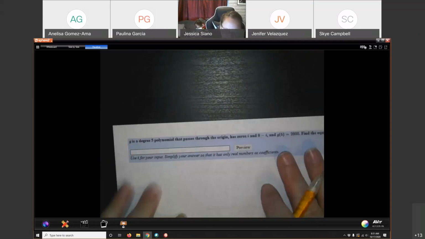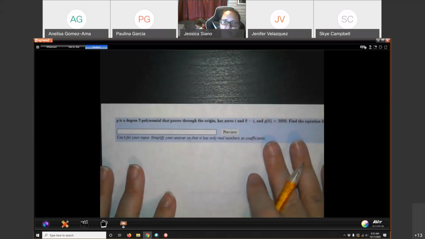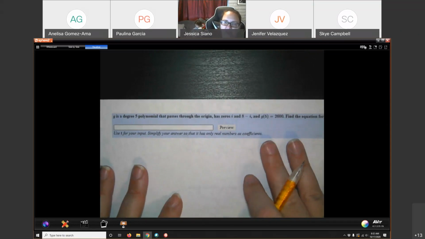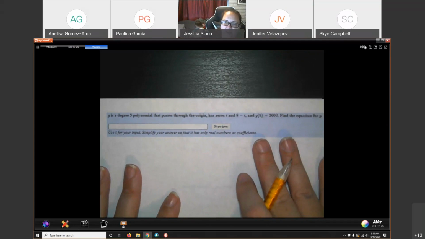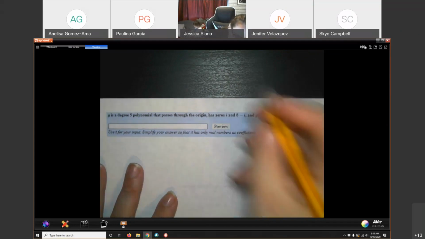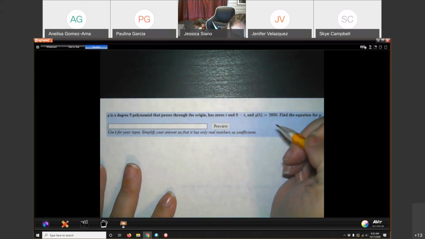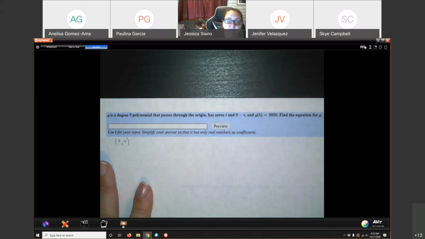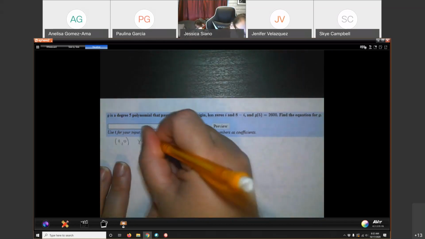G is a degree 5 polynomial that passes through the origin and has zeros at i, 8 minus i, and G of 5 equals 2600. Passes through the origin means I have the point 0, 0, so x equals 0 is one of my zeros.